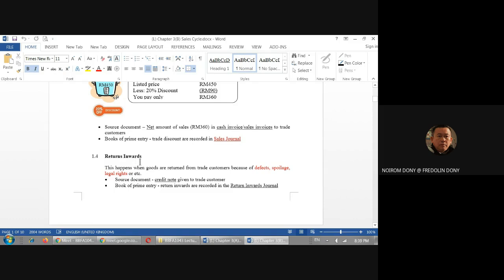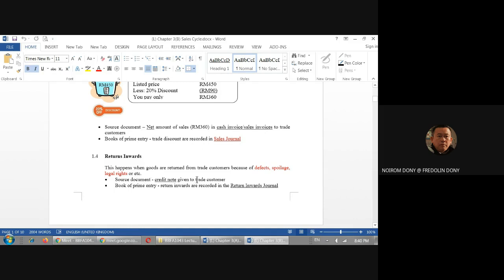Very easy: just remember the direction of the source document must be from the seller to the buyer. So if the business is receiving the credit note, definitely the business is in the position of a buyer, meaning this is a purchaser's return outward.